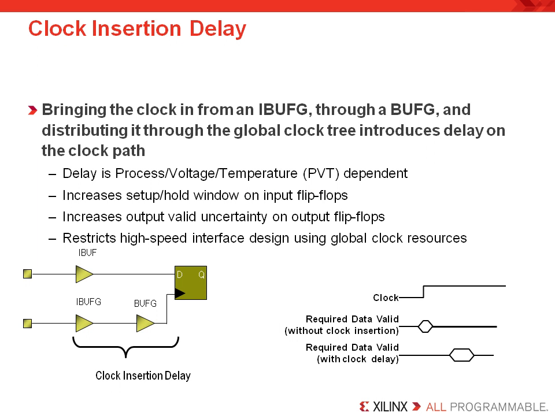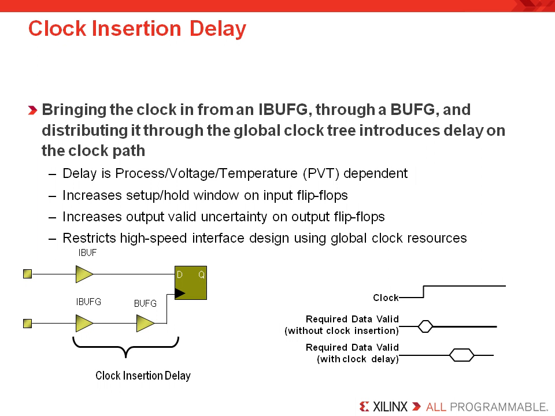Bringing the clock into the FPGA through an IBUFG and then through a BUFG, which is your global routing resource, and distributing it on that global clock tree introduces delay onto the clock path. Now this delay is process voltage temperature dependent and increases your setup and hold time window on your input flip-flops. It also increases your output valid uncertainty on your output flip-flops.